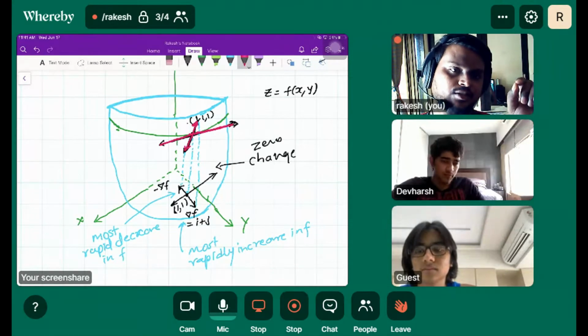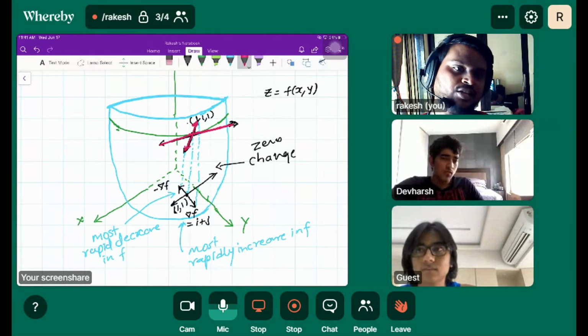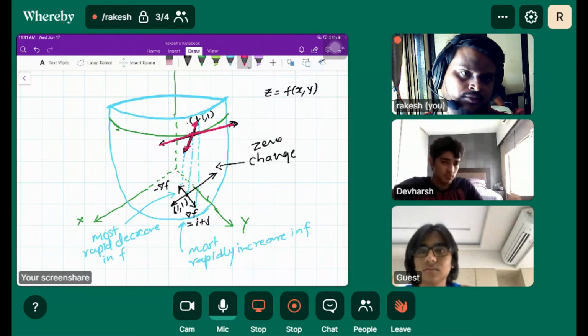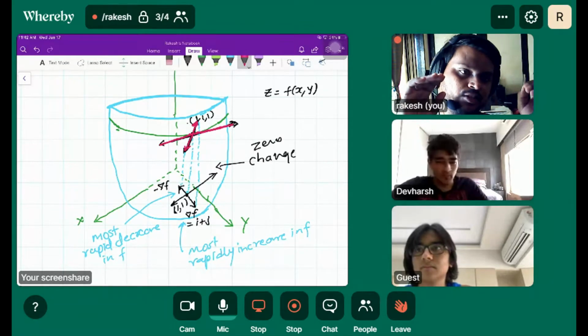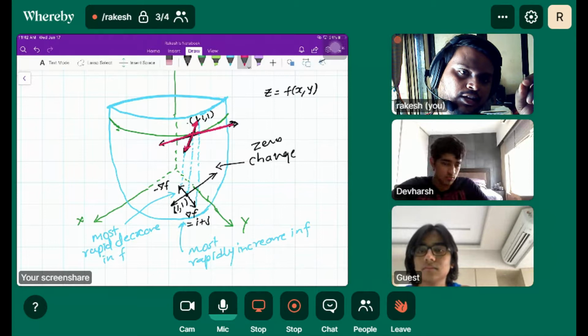All of these are projections shown in the xy plane. So the gradient vector must be at the point 1 comma 1 comma 1, on the surface at that point.